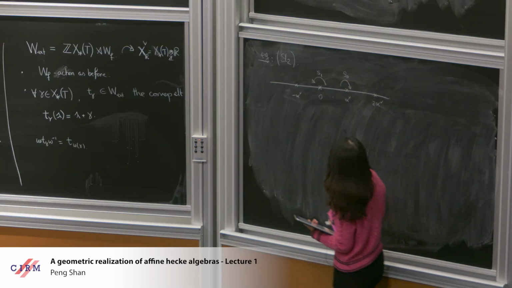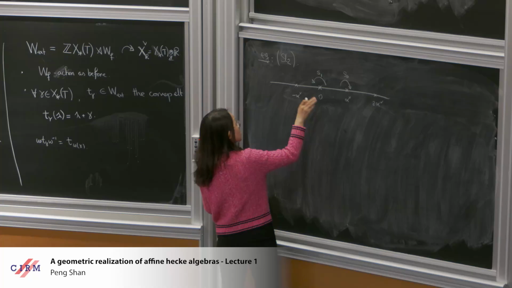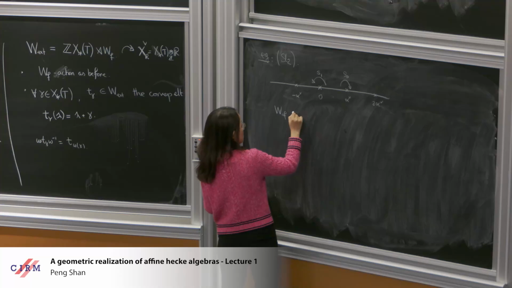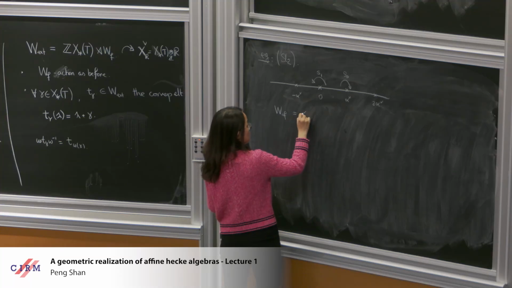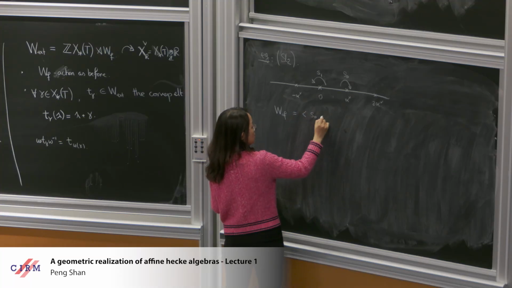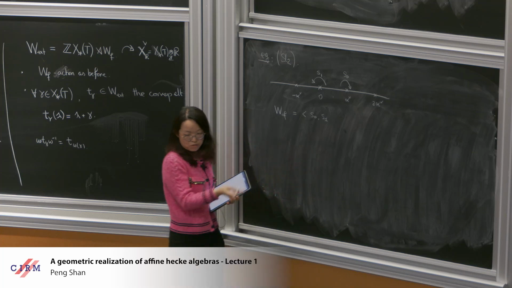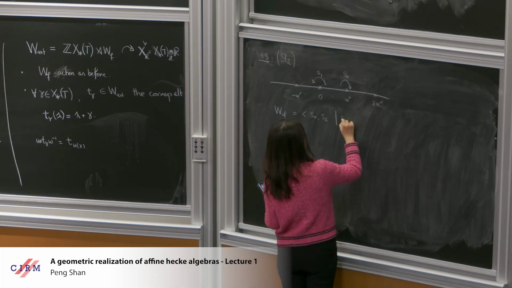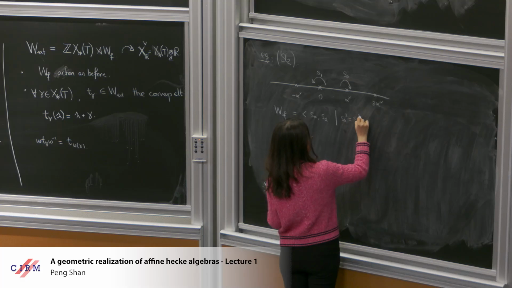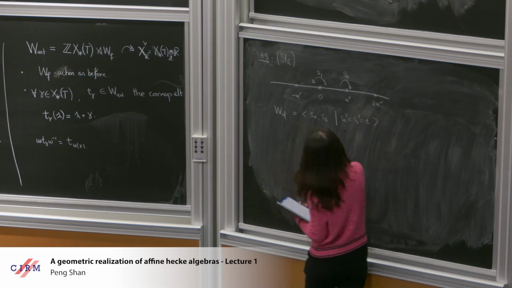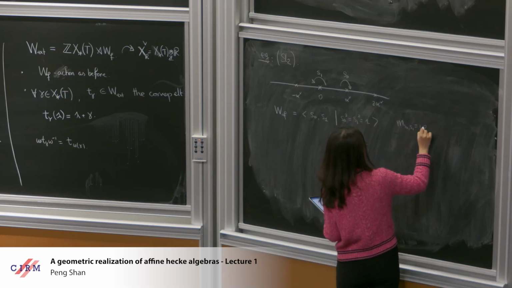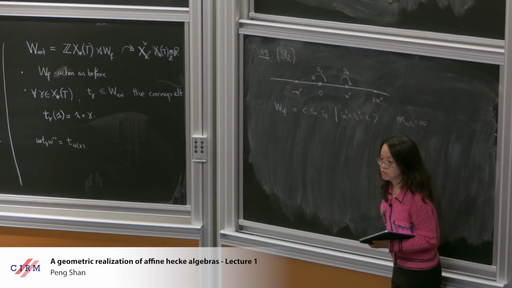Then you can check that the affine Weyl group in this case is the Coxeter group generated by S0 and S1, and there's actually no relation among them. The only relations are S0 squared and S1 squared equal to 1. So in this case, m of S0 and S1 is infinity. It's an infinite dihedral group.